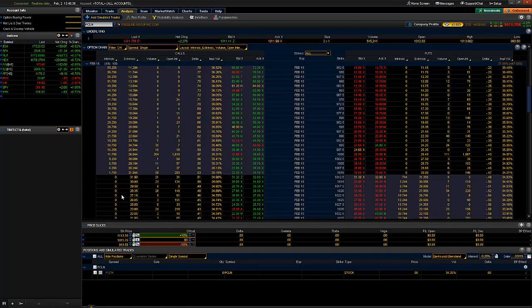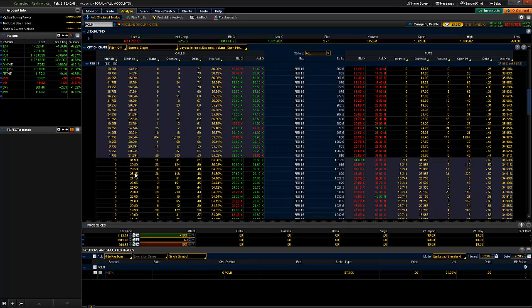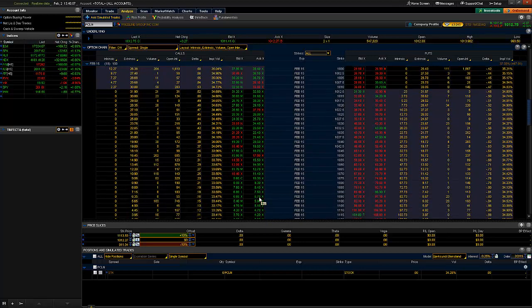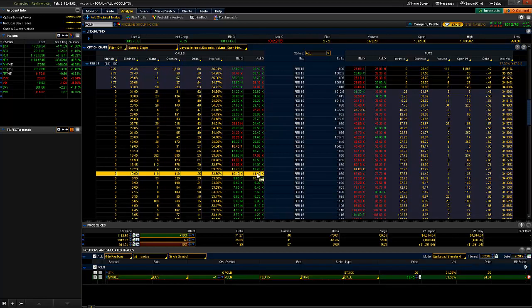Versus extrinsic value, this is all time value. There's that word time again. This is all about time. So this time element right here, if I thought that it was going to go up and I didn't want to spend that much money for an option, I could go way out here, and let's say I wanted to only spend $1,100.